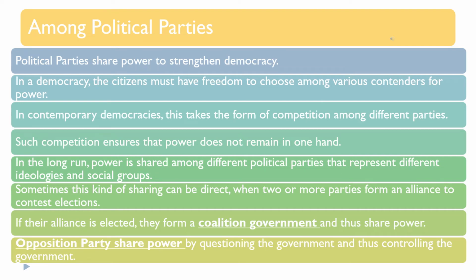So, whatever steps the government would take, those steps could be challenged by the opposition party, and hence it would improve the decision making. Also, that gives a share of power to the opposition party. Thus, we see that power is shared among political parties.